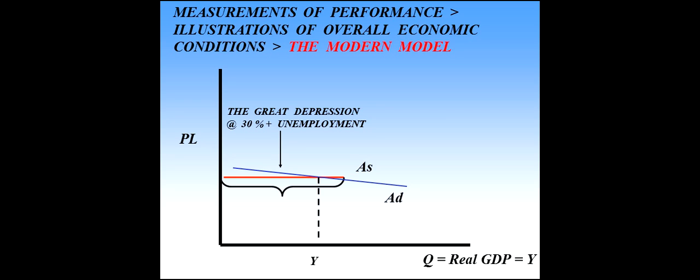Now, ironically, because John Maynard Keynes started to talk about macroeconomic measurements and how to solve conditions like the Great Depression, and he created his expenditure model during the Great Depression, this section of our graph is called the Keynesian range.